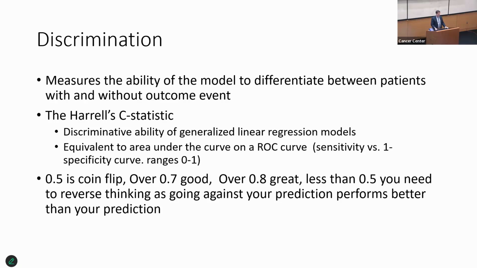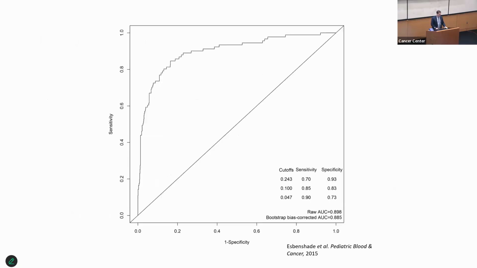It's a sensitivity versus 1 minus specificity curve. It ranges from 0 to 1. So 0.5 is really a coin flip. It has no predictive ability at all. In general, we think 0.7 is pretty good, over 0.8 is pretty great. And if you're less than 0.5, you need to reverse your thinking, because going against your prediction actually does better. So if you ever get one of those and it's below 0.5, then you're doing something wrong.